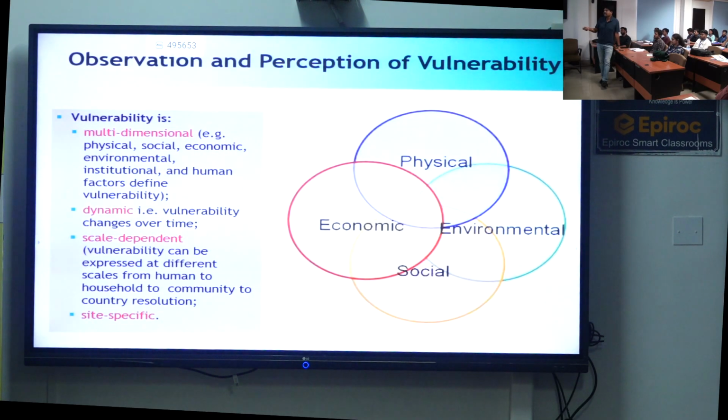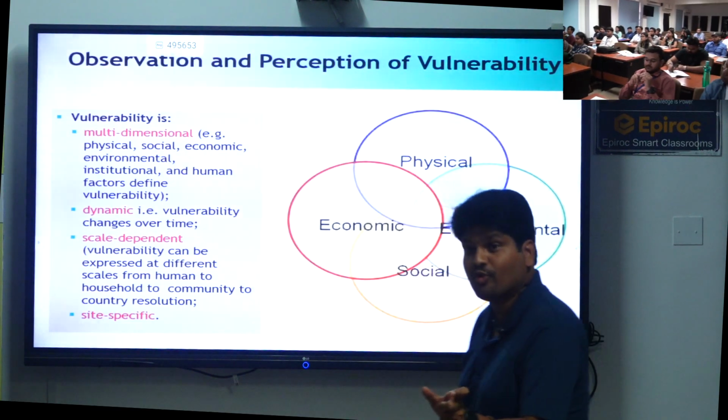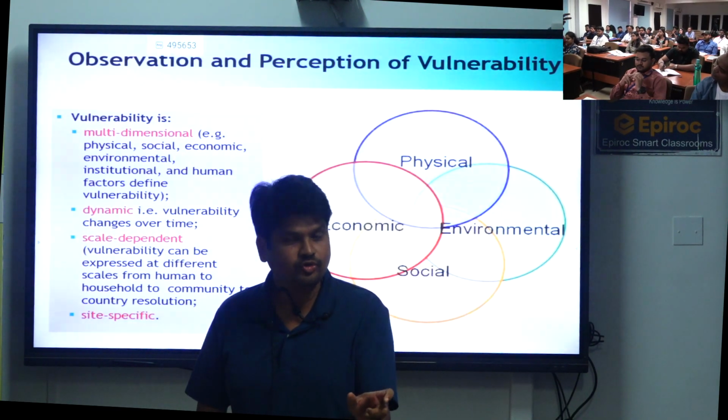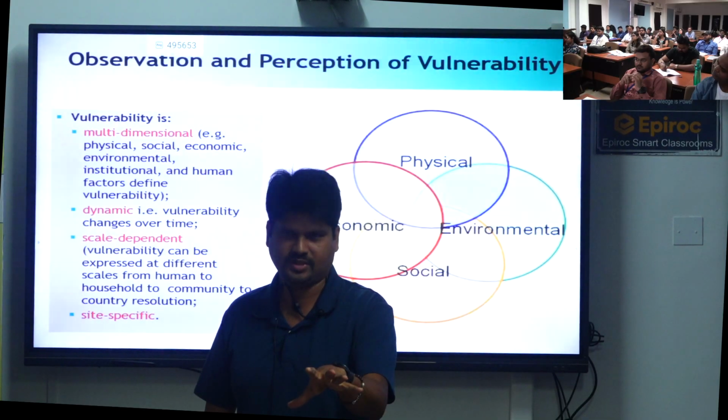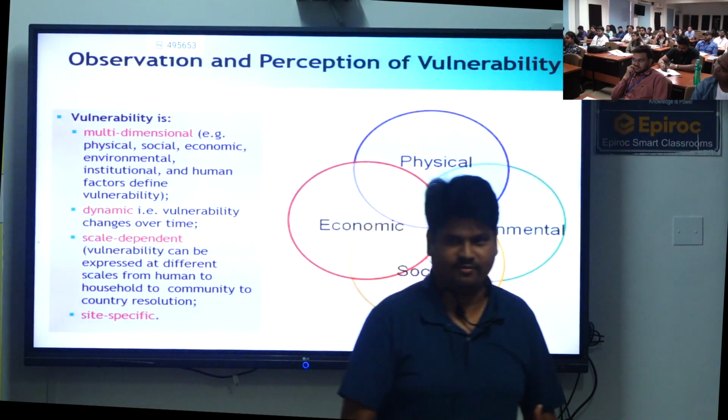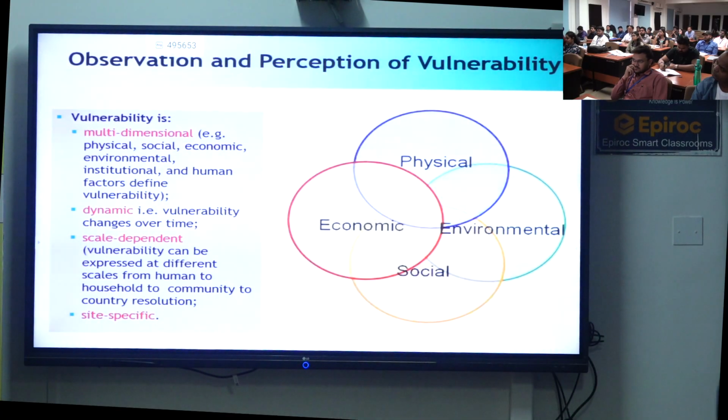And also it is scale dependent. That means if you have very detailed data, you can do a household based assessment, or a community based assessment, depending on the quality of data that you have. When you say household data, that means very high resolution data.